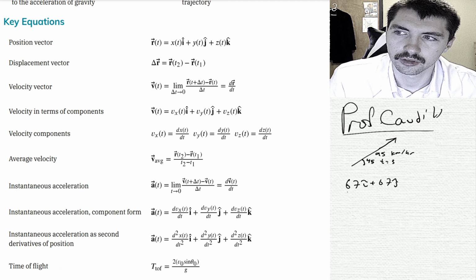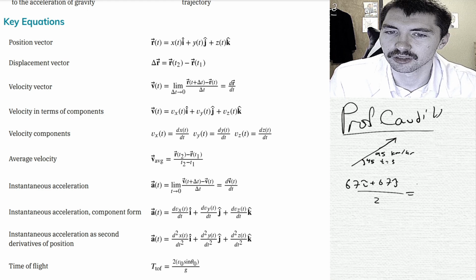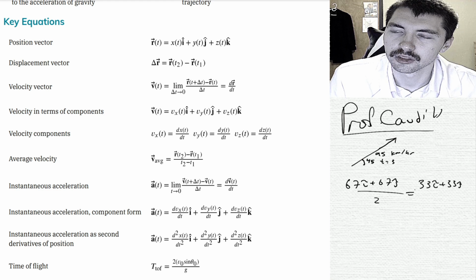So I'm thinking divided by 2. So it is the same thing, just written differently. So we're gonna get about 33j average velocity.